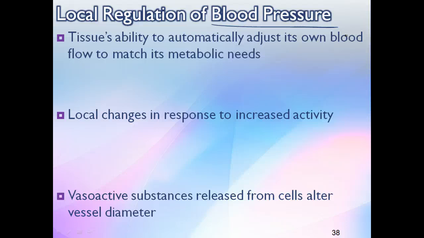Well, this is described by local regulation of blood pressure, or auto-regulation of blood pressure. This describes a tissue's ability to automatically adjust its own blood flow to match its metabolic needs. So let's take a look at how this works.